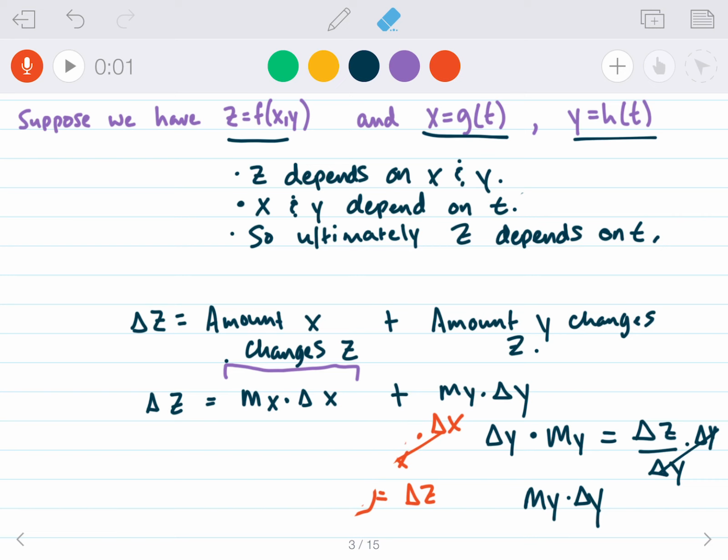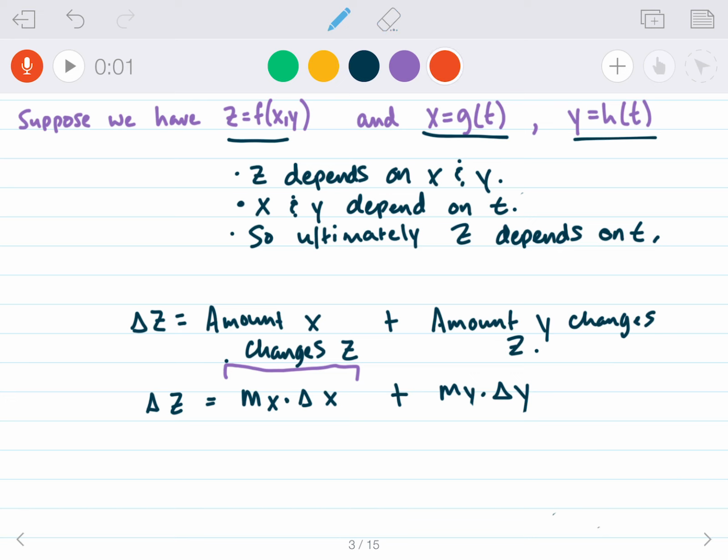Well, what are these m's? What do those mean? Well, this is the partial derivative of z with respect to x, okay? So one way we can denote this is with our partial derivative fraction. That's partial z with respect to x.